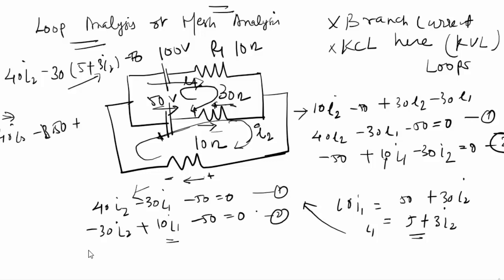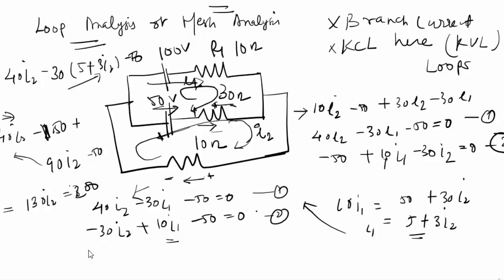plus 90 I2 minus 50. These will add together to become 130 I2, and these will add together to become 200.